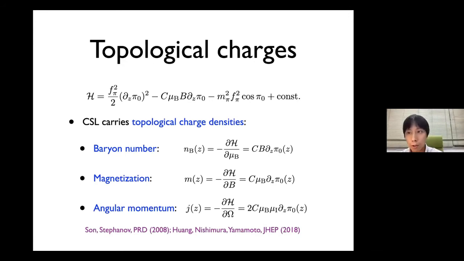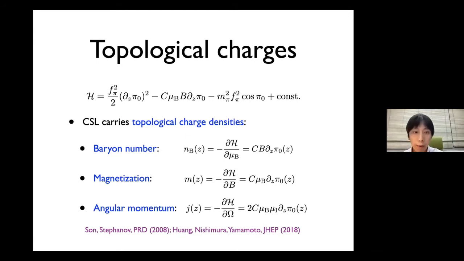And as I will show you in the next slide, they are related to the topological charges, okay? But for now, it is important to notice that all of these three quantities can be written as total derivatives. They are all proportional to the derivative of the charge neutral pion field.